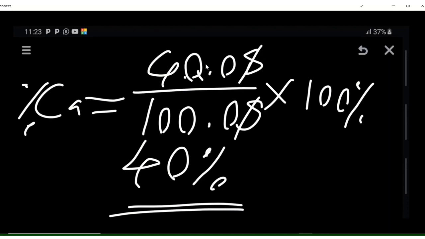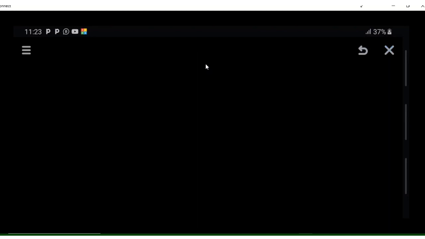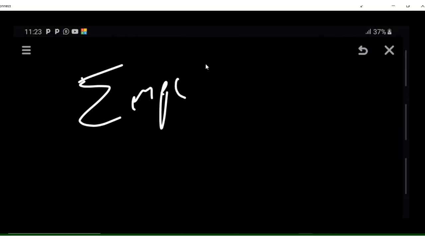So we are going to do the empirical formula, how to find the empirical formula.